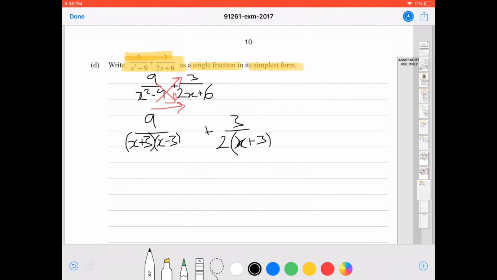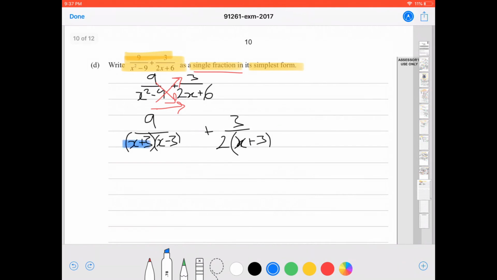Okay. And so if we're talking about writing these two fractions as a single fraction, we need our denominators to be the same because we're adding, right? At the moment, they are similar. They've got this x plus 3 term, but they're not the same.